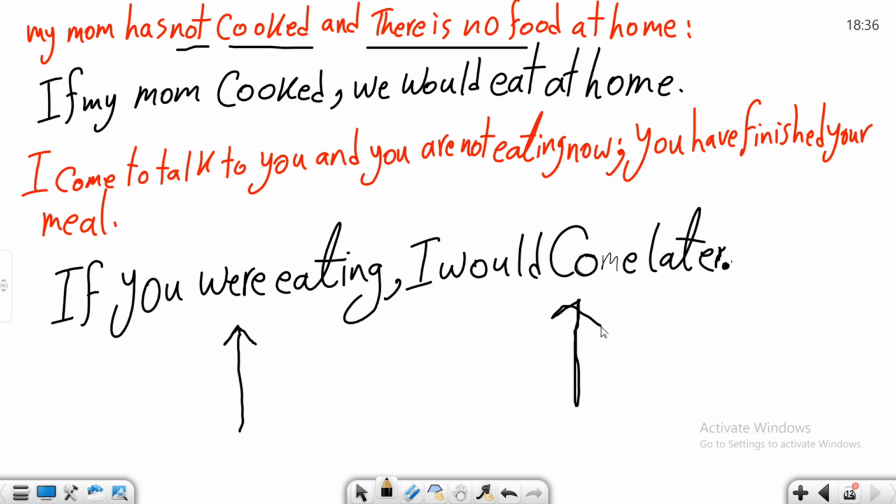And I said, I would come later, or I will not come later, because the condition is not possible, so the result is not possible.